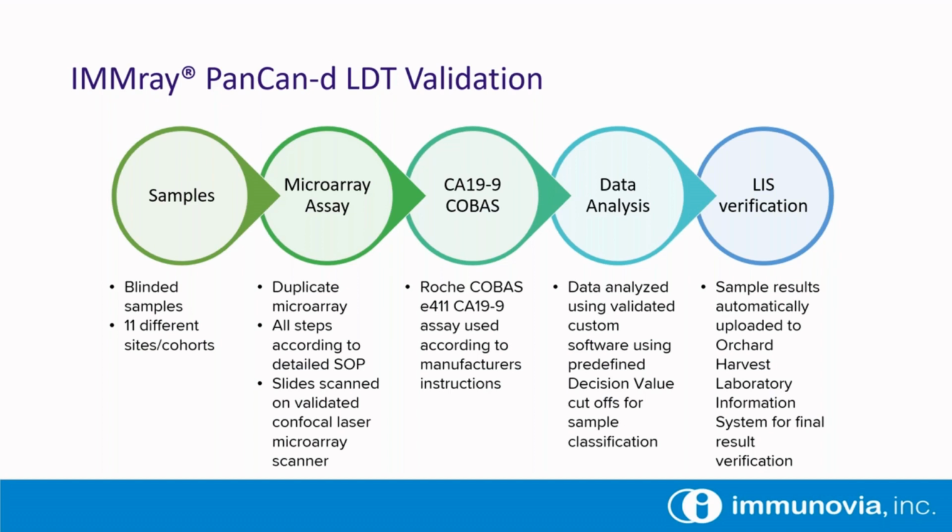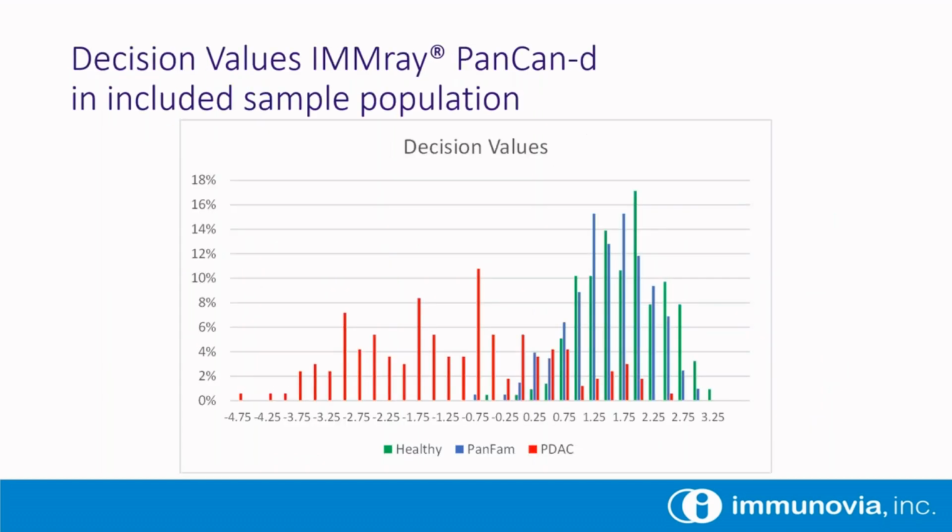We use customized and validated software to analyze the microarrays and combine the results mathematically with those of CA-19-9 to derive decision values that were then transferred into our laboratory information system for analysis. And these are the results that we obtained.